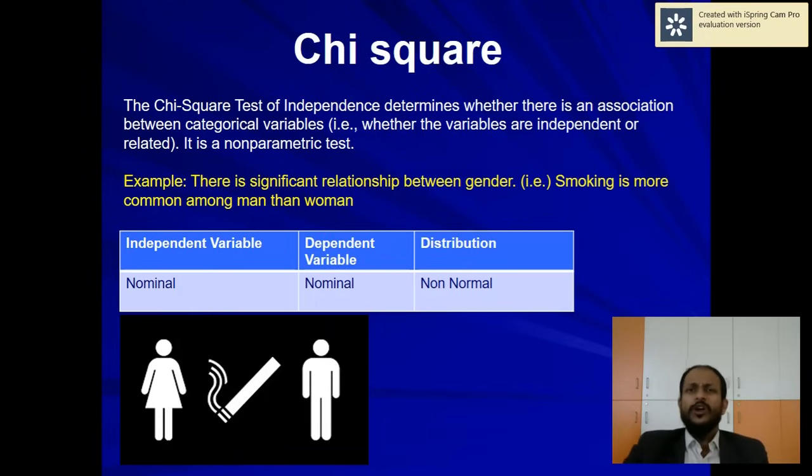Then you perform a simple test called the chi-square test, which has a cross tabulation, and you find out whether smoking and gender are interrelated. The test you will be using in this case is the chi-square test. It is not mandatory to have a normal distribution curve for this, because both of them are nominal data.